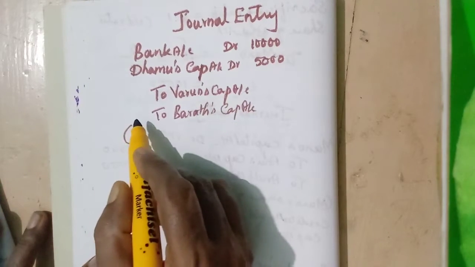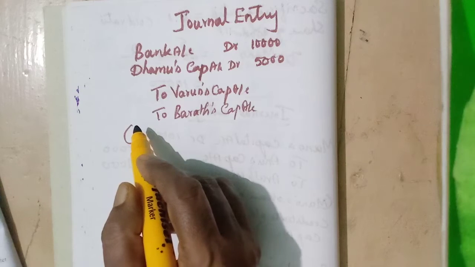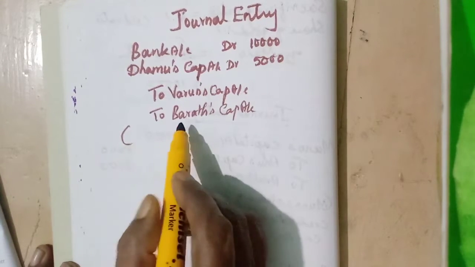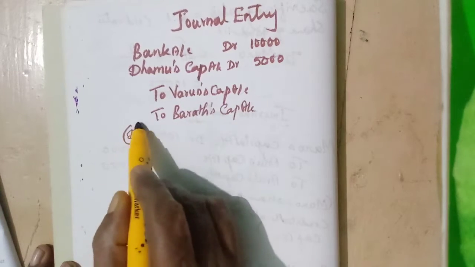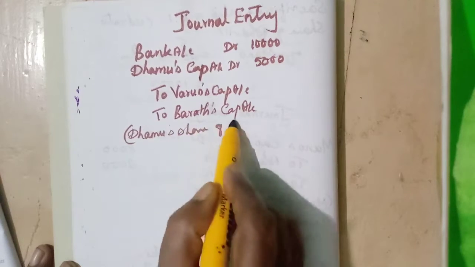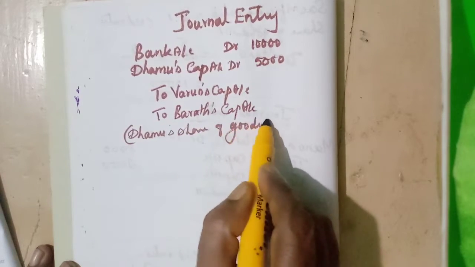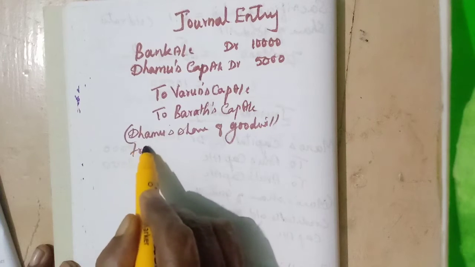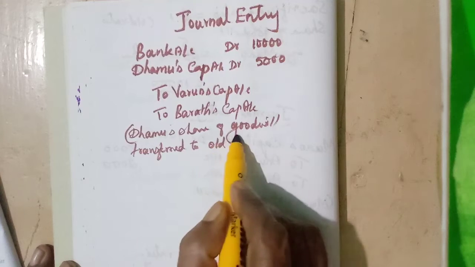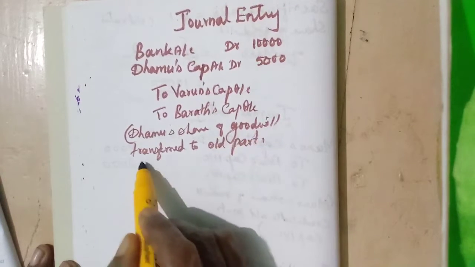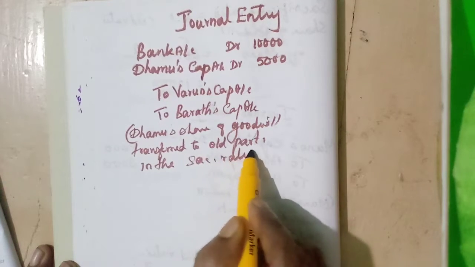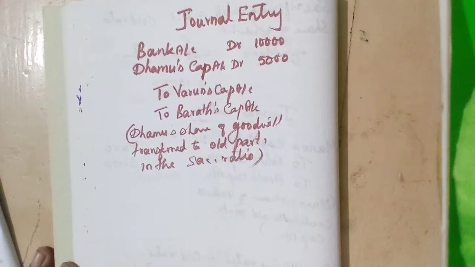Damu's share of goodwill transferred to old partners in the sacrificing ratio. 15,000, isn't it?